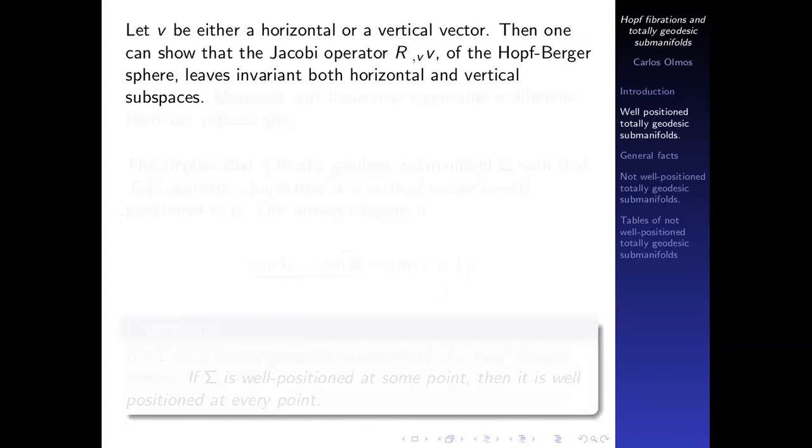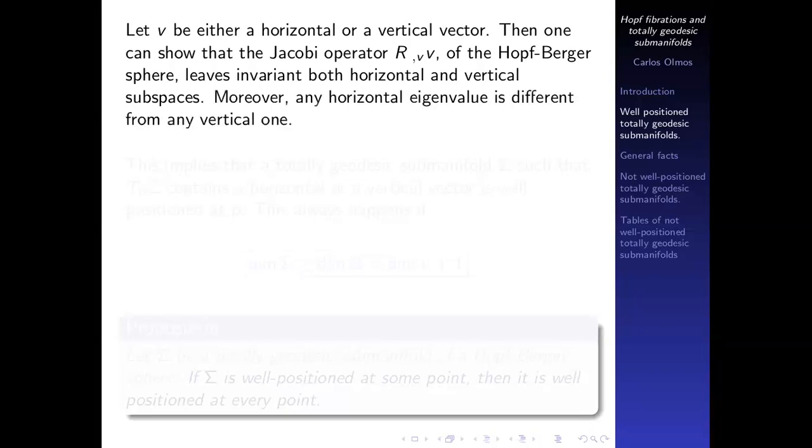Okay, let now v be a vector which is either horizontal or vertical. Then some computation, not very difficult, shows that the Jacobi operator of the Hopf-Berger sphere leaves invariant both the horizontal and vertical subspaces.